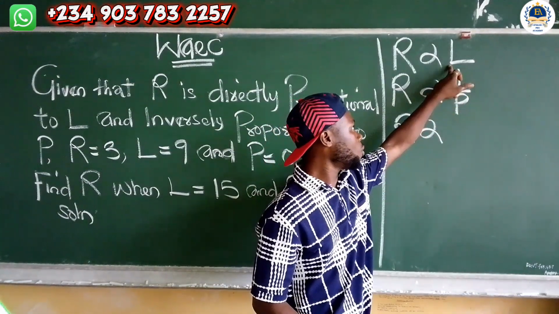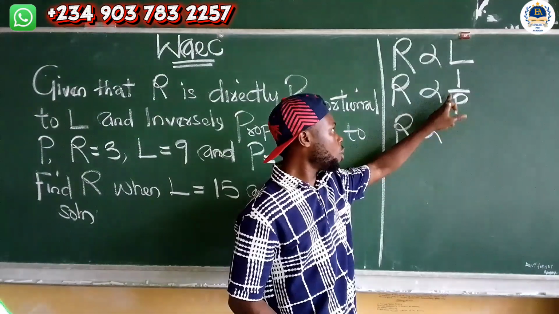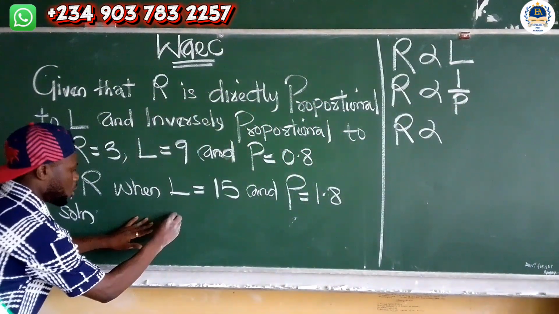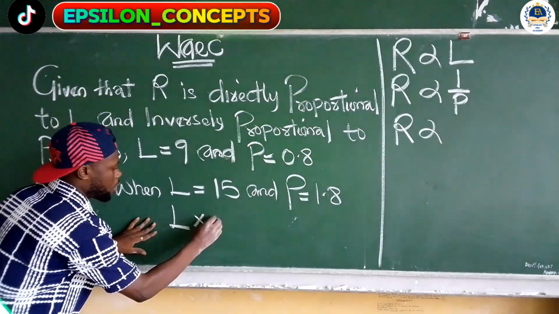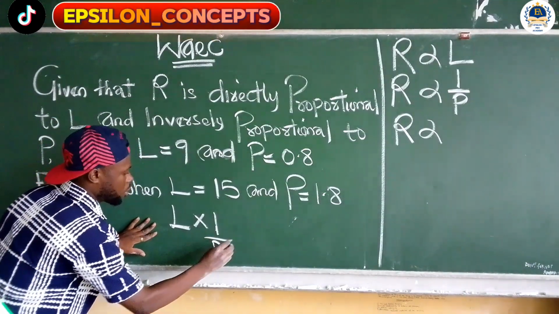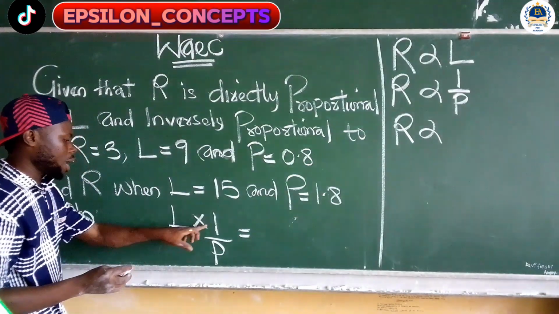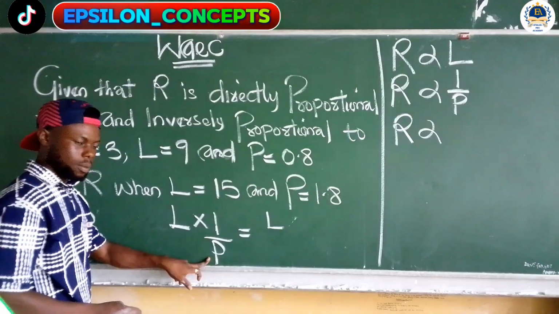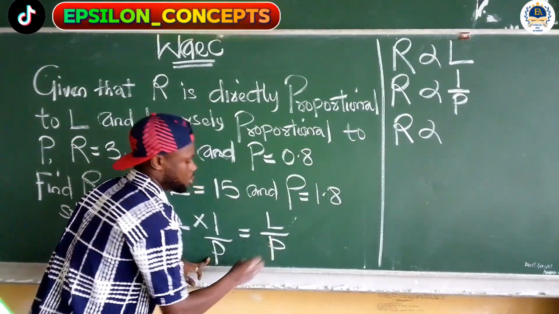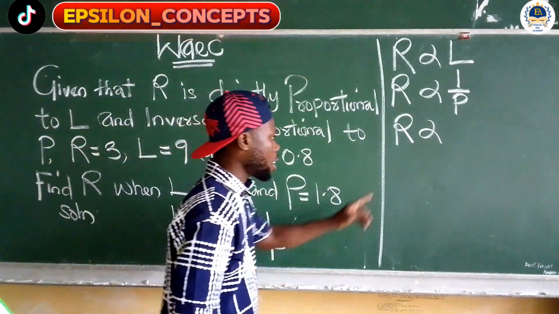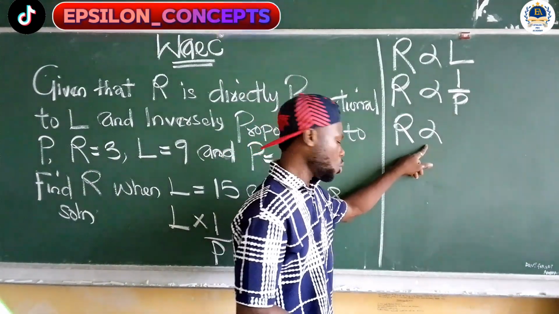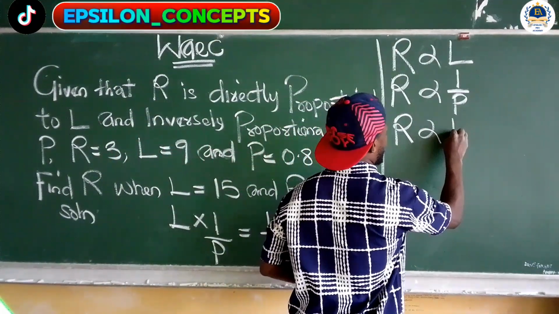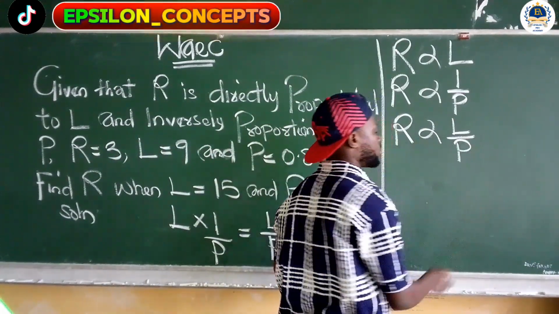We have to multiply L by this, so it will become L times 1 over P. If you multiply L by 1 over P, we get L times 1 is L, divided by P. That is to say, R will be proportional to L divided by P.